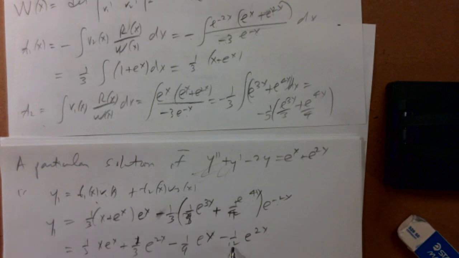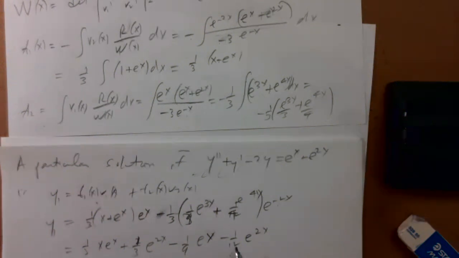And a third minus a 12th is a fourth. So this looks like 1/3 x e to the x plus 1/4 e to the 2x minus 1/9 e to the x.